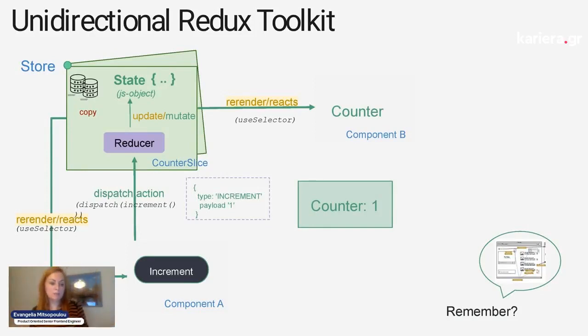For those who don't know Redux, let's go straight to the example. I have a counter and I want to increase the counter by one. I click on the increment button in component A, and what is happening in Redux Toolkit? I'm dispatching an action.